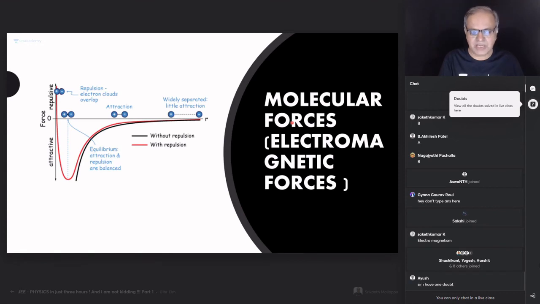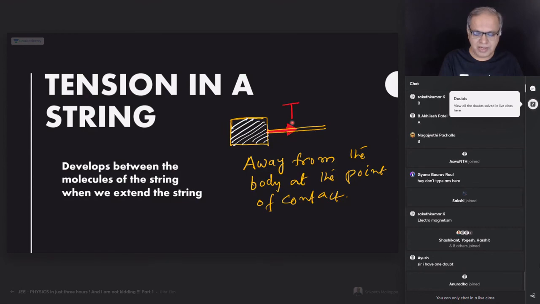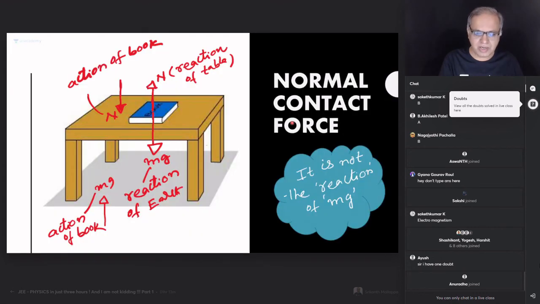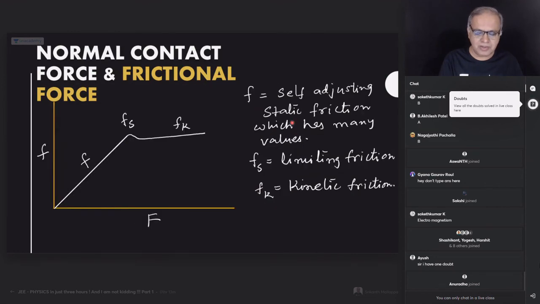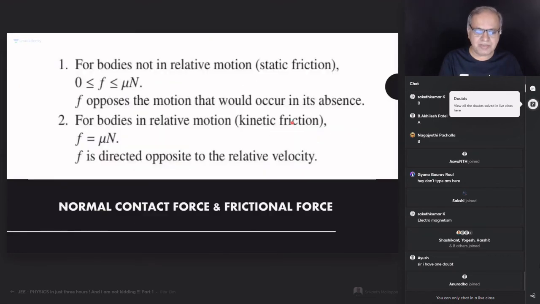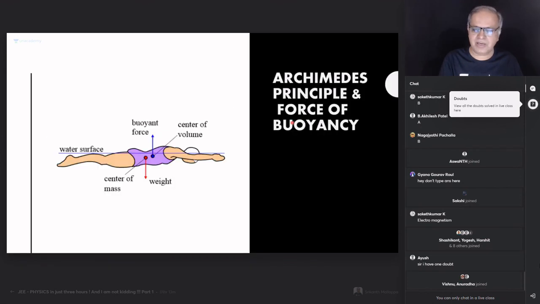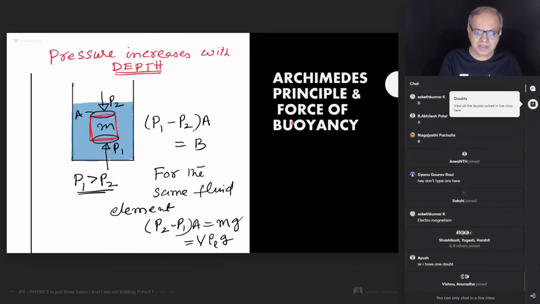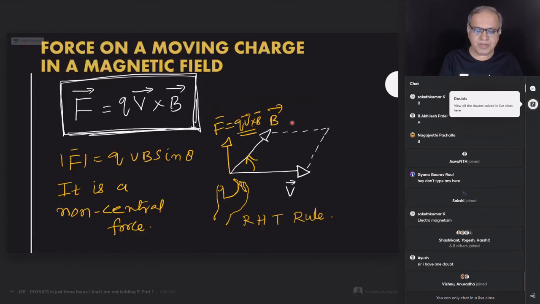Then molecular forces like N and tension we deal with: tension in a string, normal contact force and frictional force. Then Archimedes principle, that is force of buoyancy, we deal with. And then electric force, that is Coulomb force.